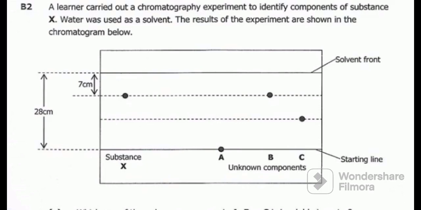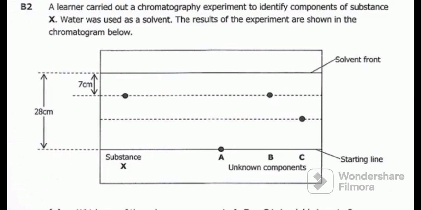We only have the distance traveled by the solvent front, so we simply subtract the 7 centimeters from the distance traveled by the solvent, which is 28. 28 minus 7 is 21.